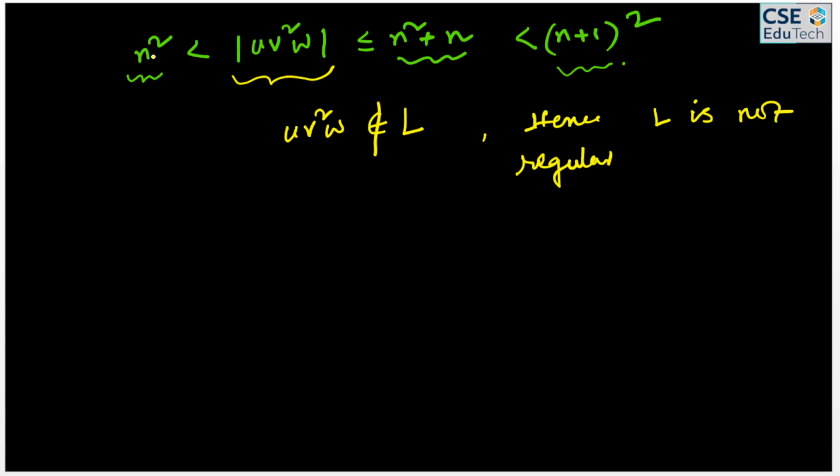Clear? Because if we choose n equal to 2, the string length will be 4, and (n+1) means 3 square, that is 9. So no string length will be in the gap between 4 and 9.